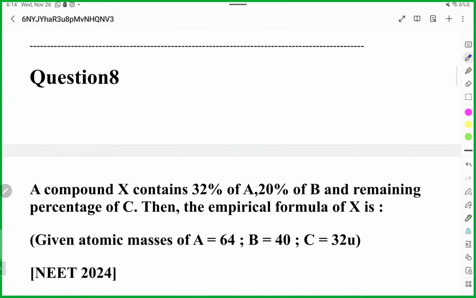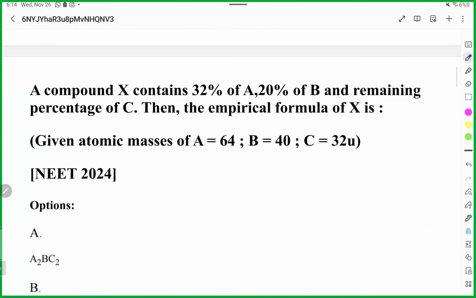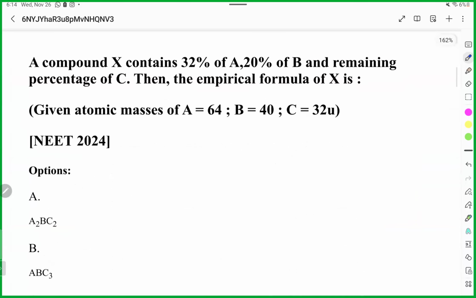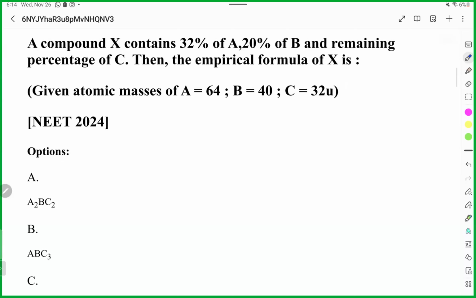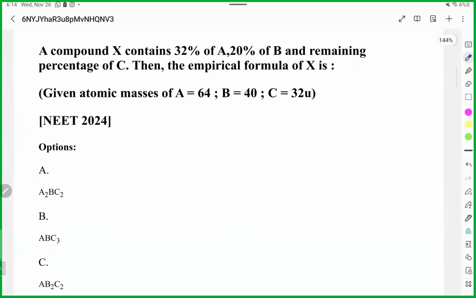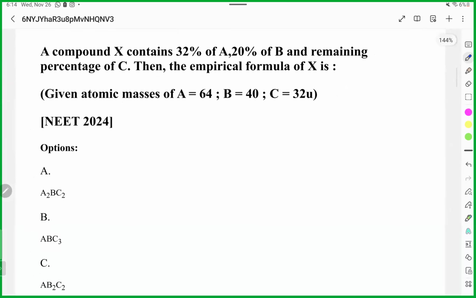Last question of the day. I don't know why, I try to solve less, but every time I do more content. Pratigya, question. A compound X contains 32% A, 20% B, and the remaining C. What is the amount of C?